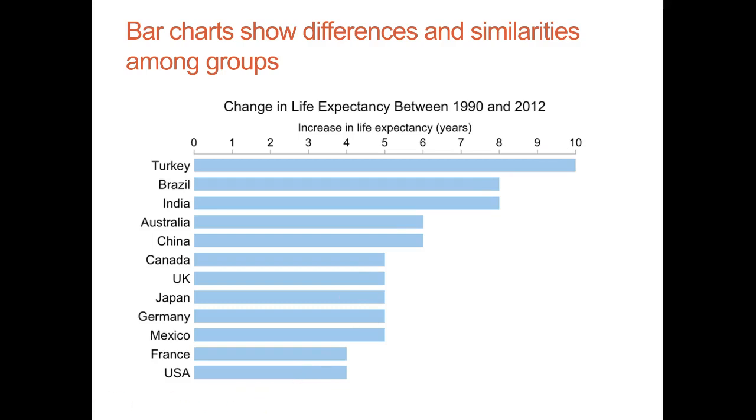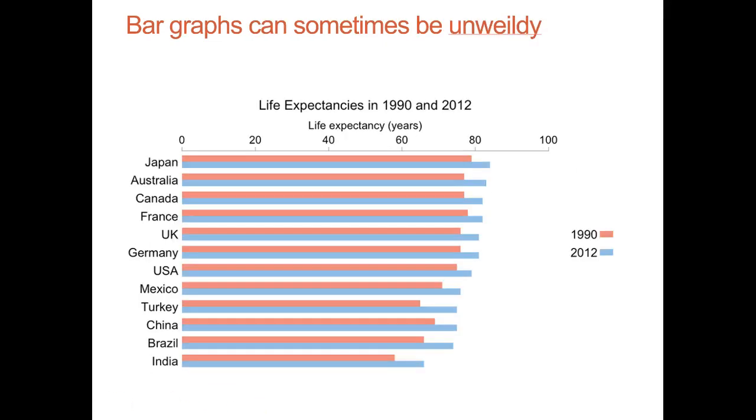Now, when bar graphs get too complicated, sometimes if we have too many bars, they just kind of go. So figuring out some other way to divide this up, maybe showing multiple bar graphs, one for 1990, one for 2012, or dividing these up in some other ways, which is a principle called small multiples, is possible.